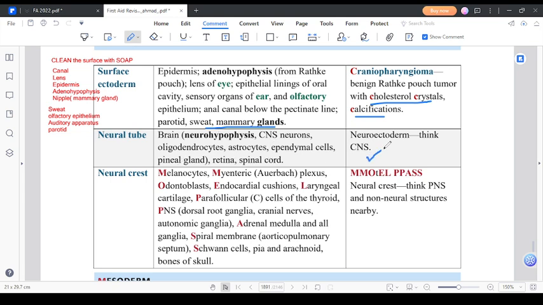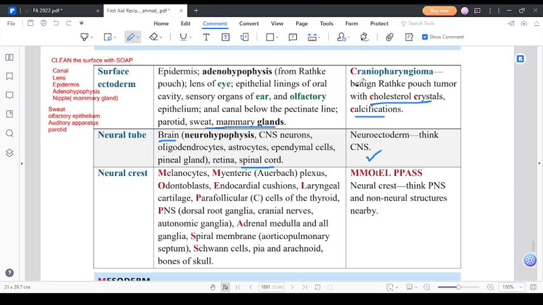Pretty much everything within the CNS comes from the neural tube, the brain, the spinal cord, and everything in between. The brain contains the neurohypophysis, the posterior pituitary, and the CNS neurons. The only odd creature among them is the retina, which is derived from the neural tube.